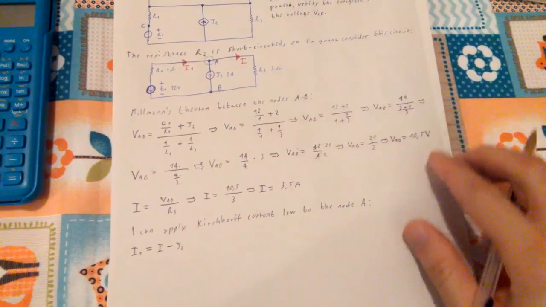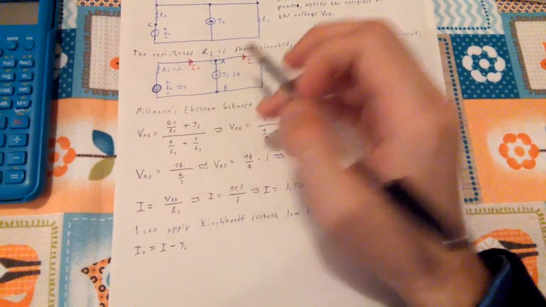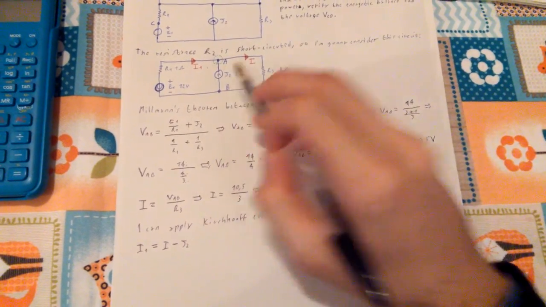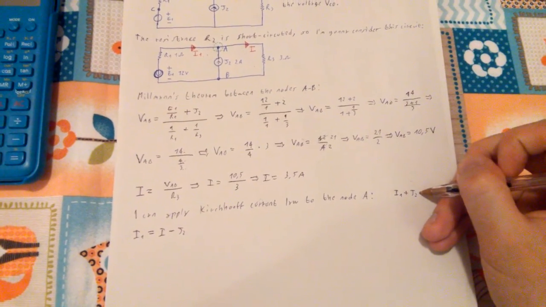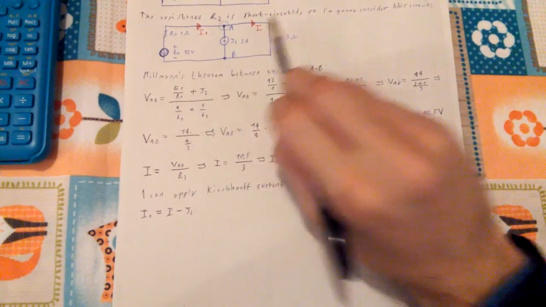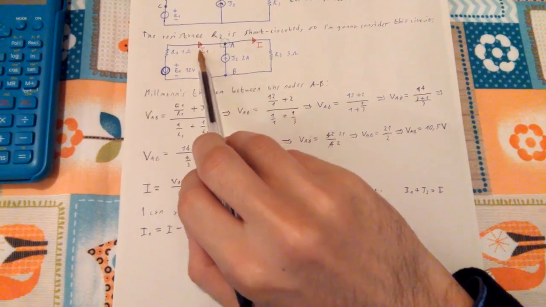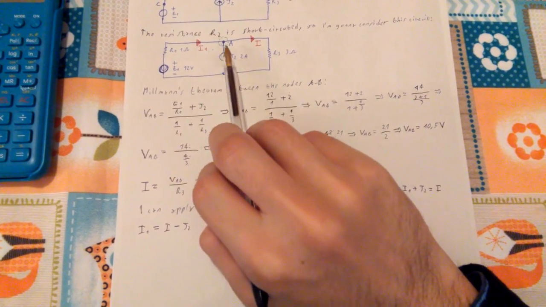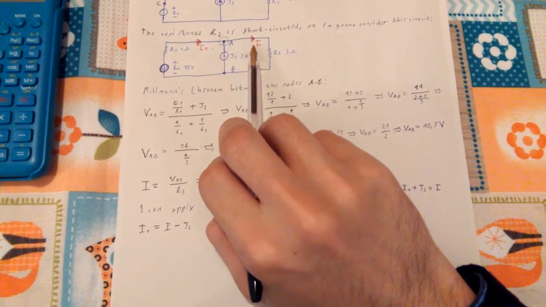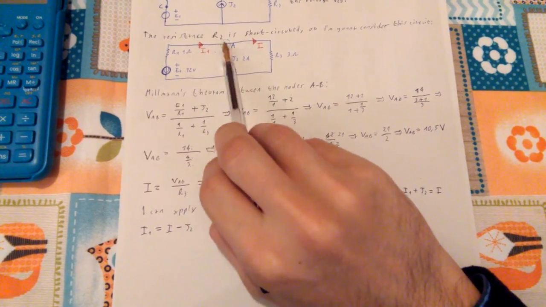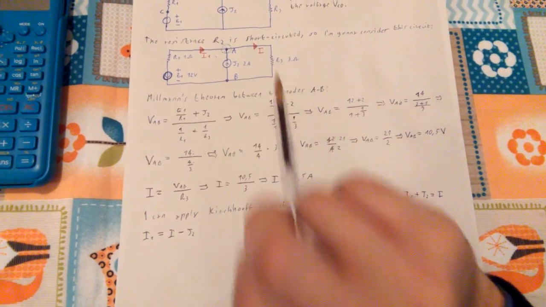This will basically give us, if we consider this, I1 plus J2 will be equal to I. Okay, because we're saying that the sum of the current entering a node is equal to the sum of the current going out from the node, but we only have those two currents going into the node and only this one going out of the node.